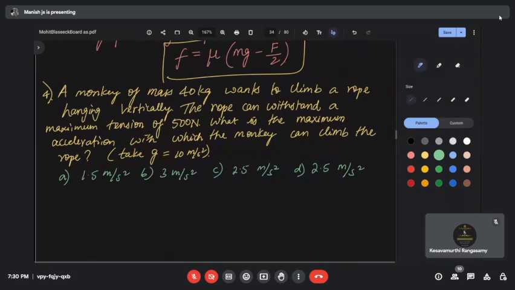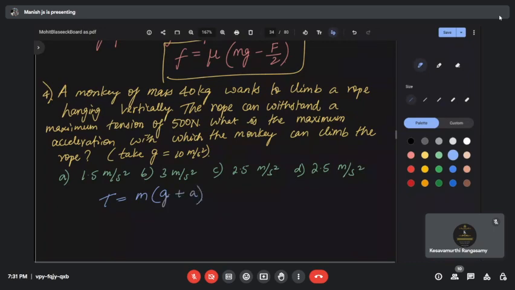Sir, 2.5 meters per second square. What did you do? Sir, T equal to m of g plus a. Okay, T is equal to m of g plus a.